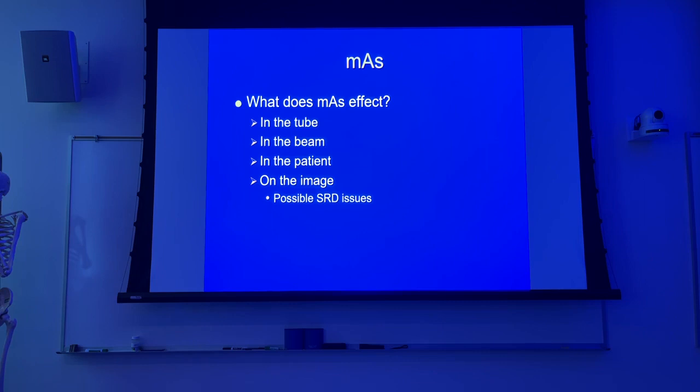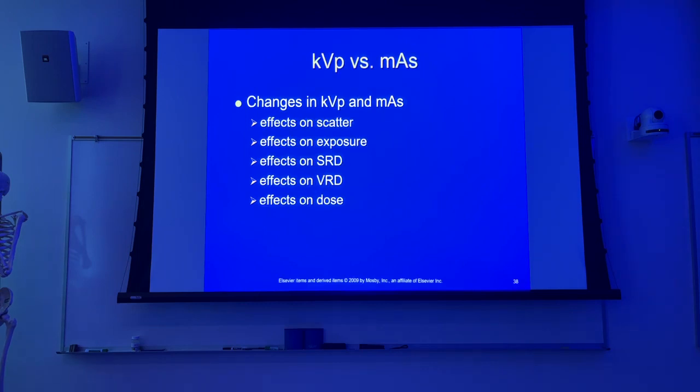I didn't mention this, but due to extended exposure time, which is a portion of mass, we could potentially lose sharpness, recorded detail. And in the selection of focal spot, if we used an MA station that was too high for a small focal spot, then we could lose sharpness, recorded detail.